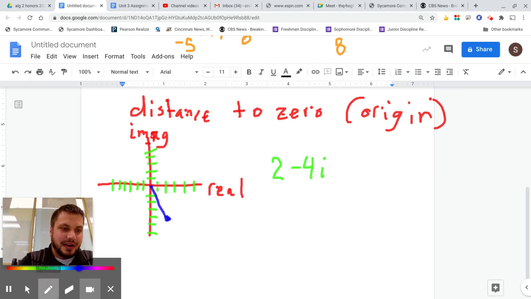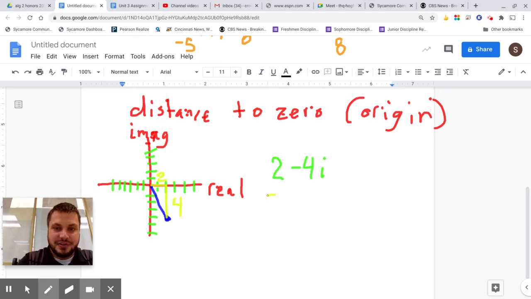What I instantly see, thinking with my geometry brain, is a right triangle here, where the blue line is the hypotenuse. The triangle has side lengths of 2 and 4.